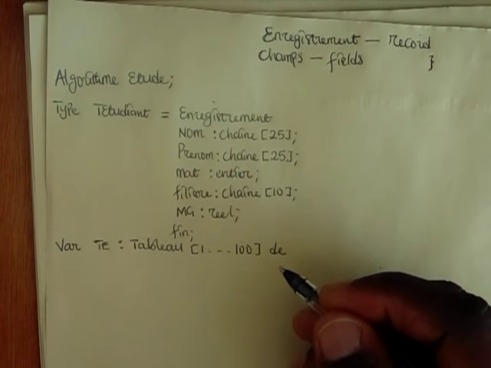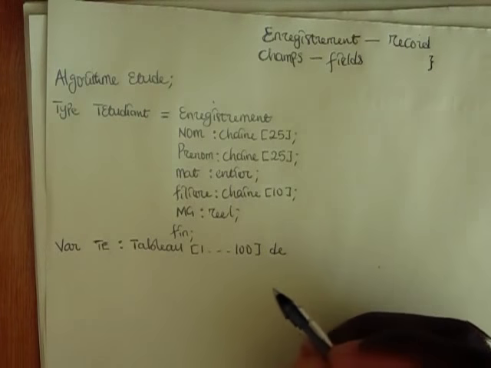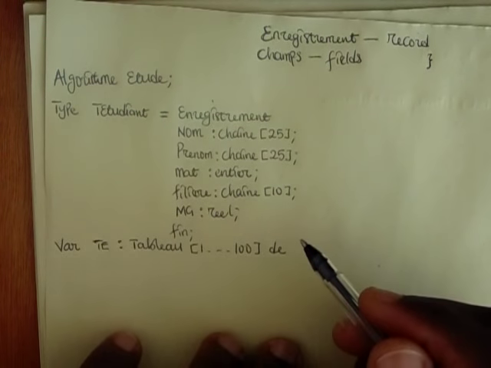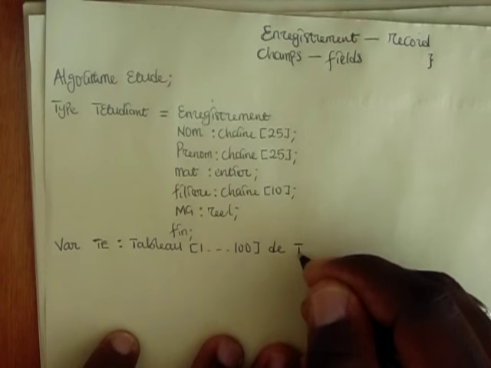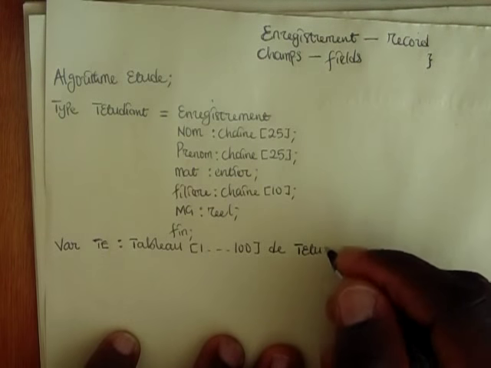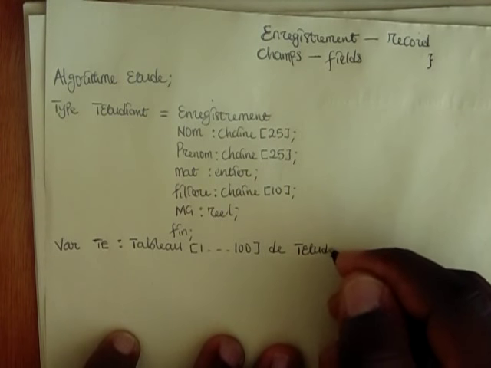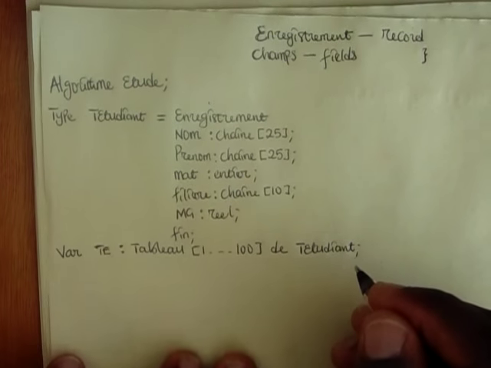Now, what type of table is this? What will the table be containing? The table will contain T étudiant to contain the field items of the T étudiant. This will be TE, tableau de T étudiant. Then we close.